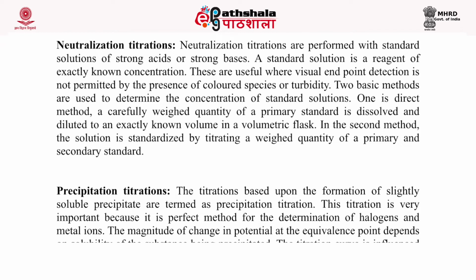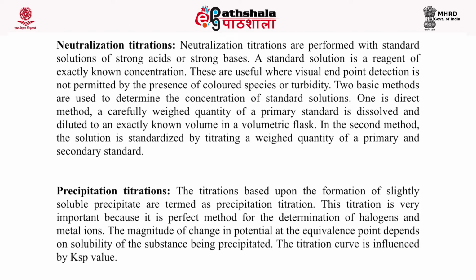The magnitude of change in potential at the equivalence point depends on the solubility of the substance being precipitated. The titration curve is influenced by the Ksp value. When the value of the solubility product constant is small, the titration curve is perfect.